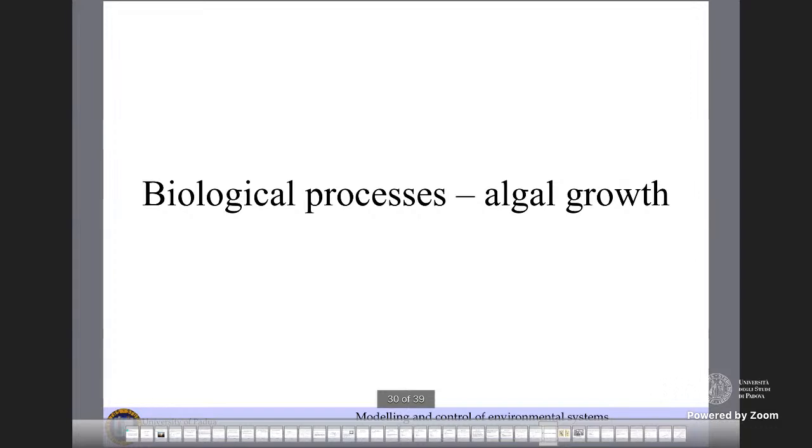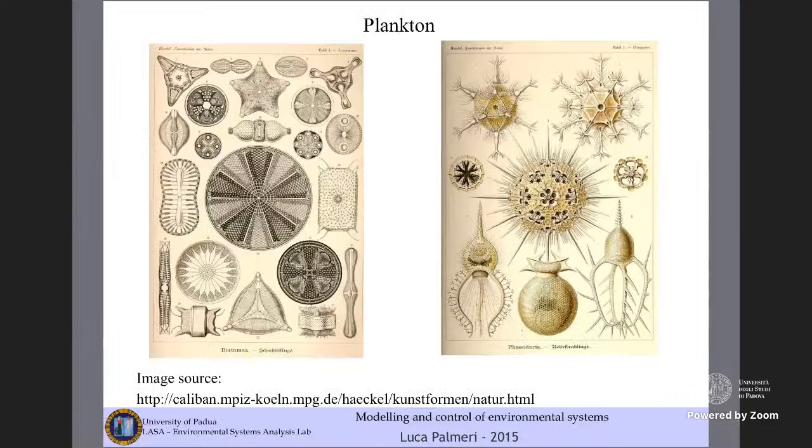As I told you, when you think about algae, we refer to phytoplankton. Phyto means vegetable, plankton means small organisms. These are pictures representing the very huge, significant variety of phytoplanktonic species.